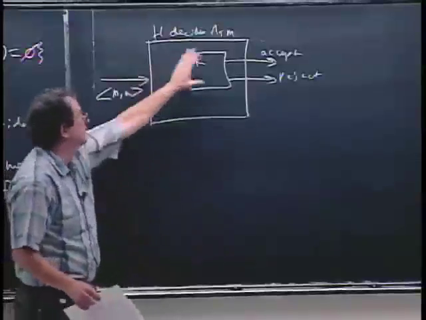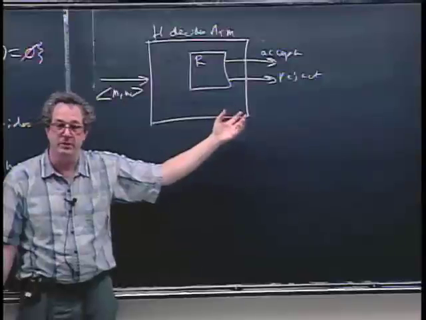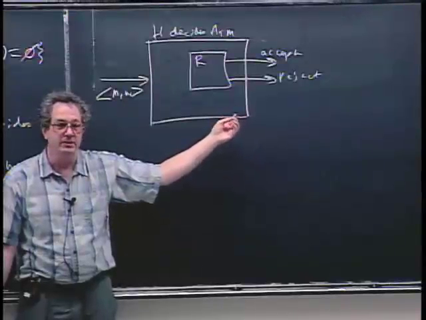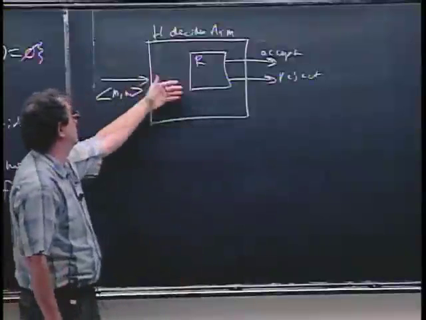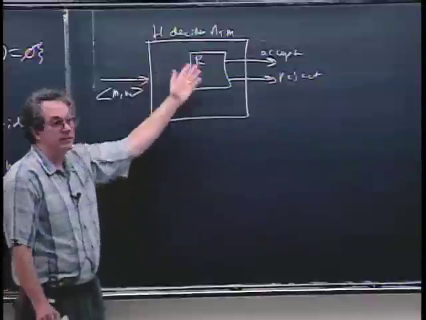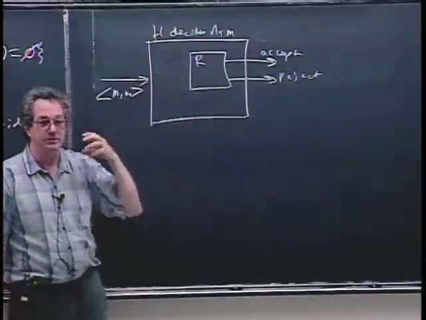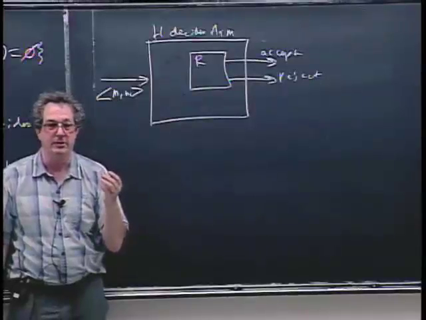When you're posed with the question of show a reduction of ATM to some new language, you should be able to automatically write this kind of picture, just to organize your thoughts, organize what you're trying to do.